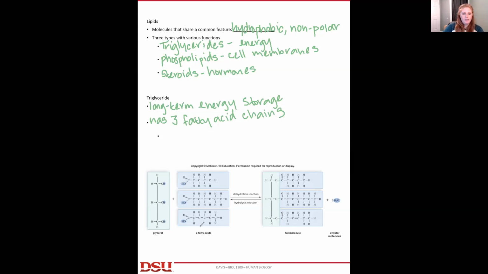Okay, so here's our glycerol molecule, and attached to our glycerol molecule, we have our fatty acids, okay? Hydrocarbons are really what make these guys up.